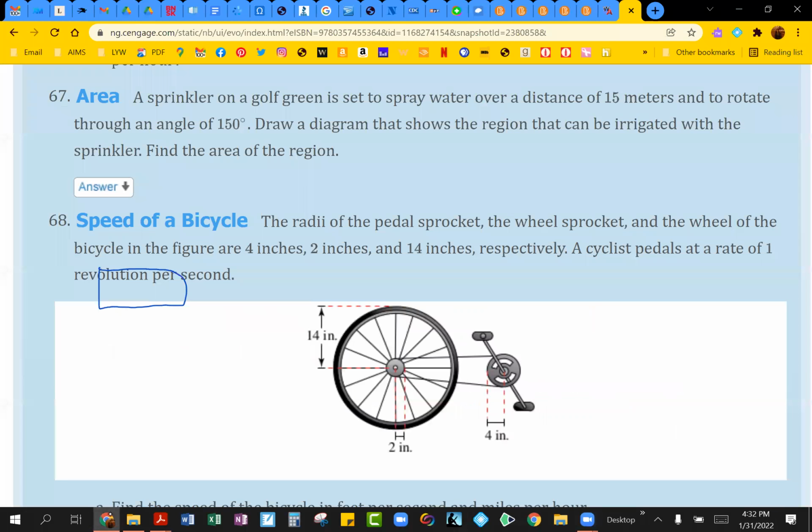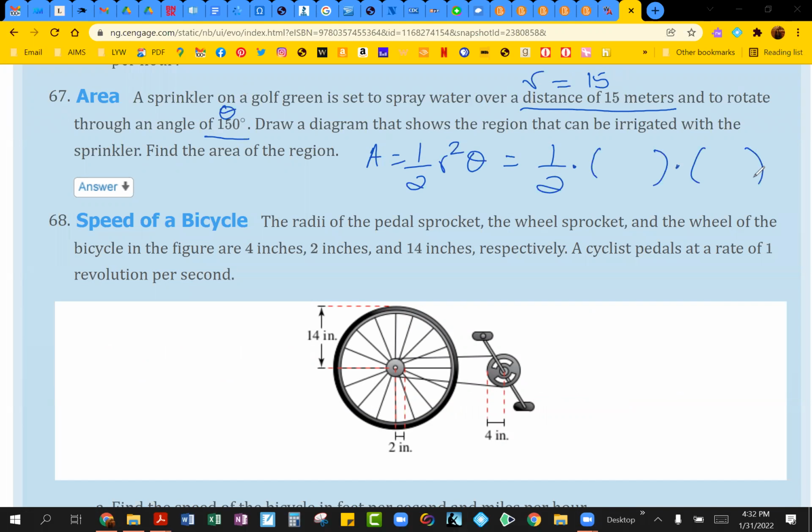So let's use that over here. So 1/2, you have a distance of 15 meters. That's our radius. And then we have an angle of 150 degrees. That's going to be our theta. So can you tell me what this area will come out to be?